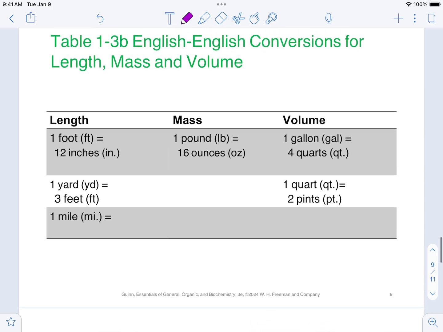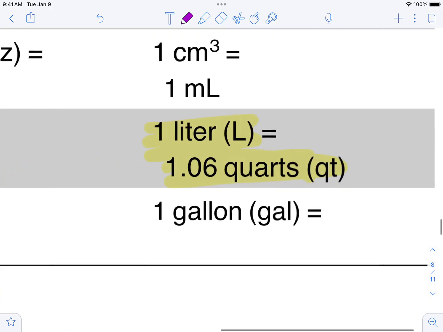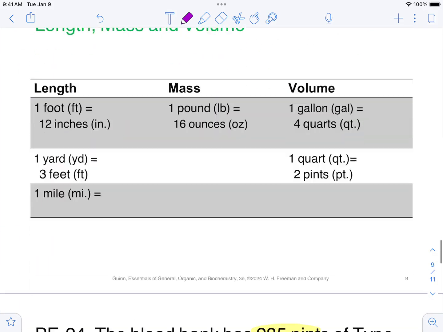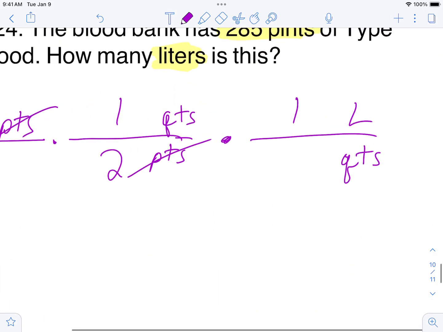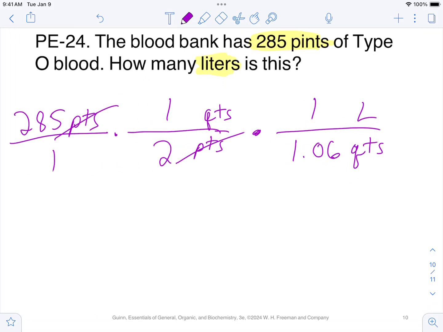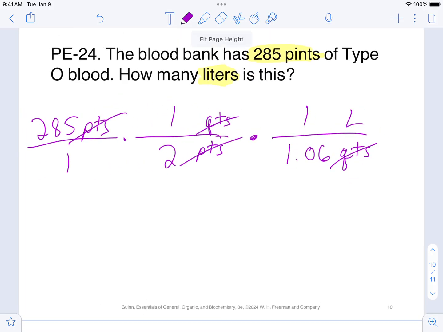If you go up to our table, 1 liter is 1.06 quarts. Make sure you put the numbers in the right spot. Quarts cancels. Notice we're left with liters. That's what we want. So we type that in our calculator. Significant figures. It looks like we want 3 of them. So we are left with 134 liters.